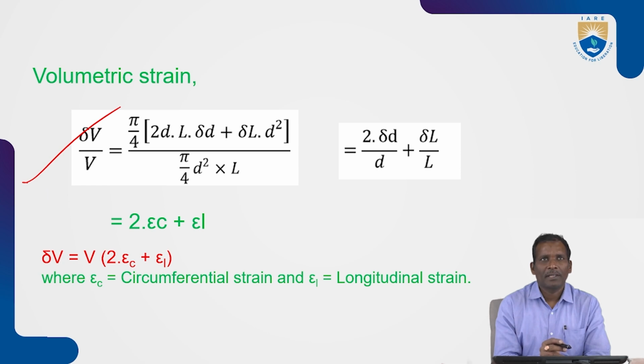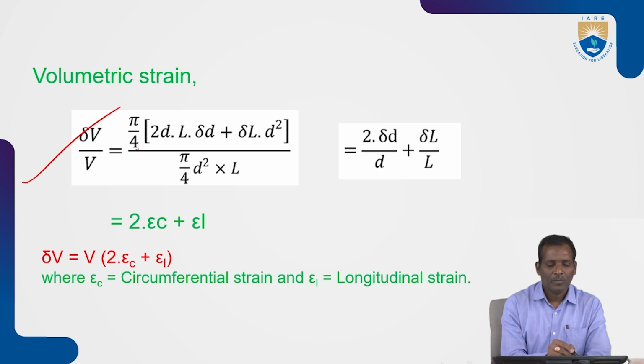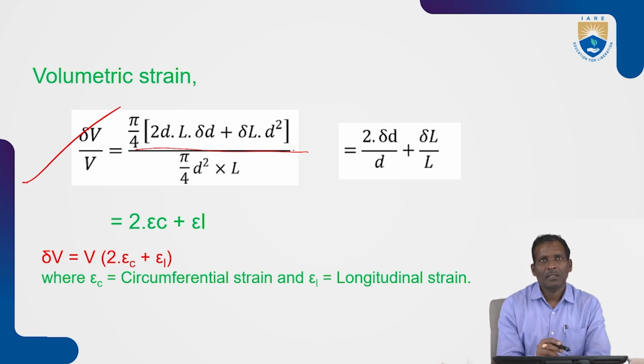So for the volumetric strain, now substitute delta V: pi by 4 into 2D into L into delta D plus delta L into D square, divided by pi by 4 D square into L, the volume.